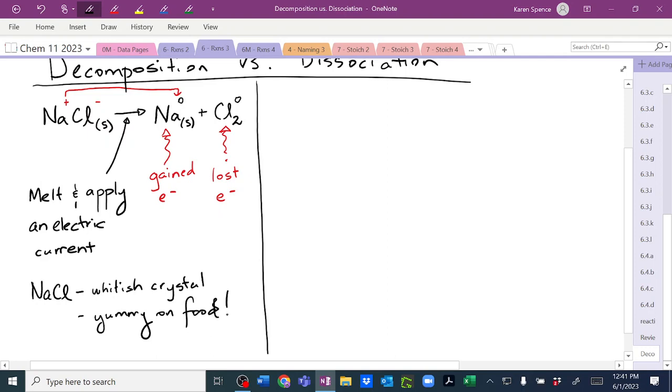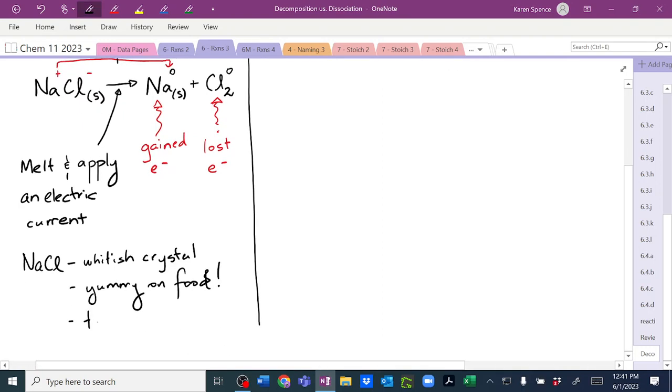It tastes salty, yes. Now, how about sodium metal? Sodium metal is a metal like any other metal. It is solid, it is shiny. Yes, it will conduct electricity.